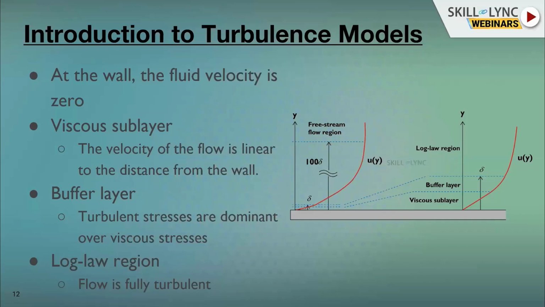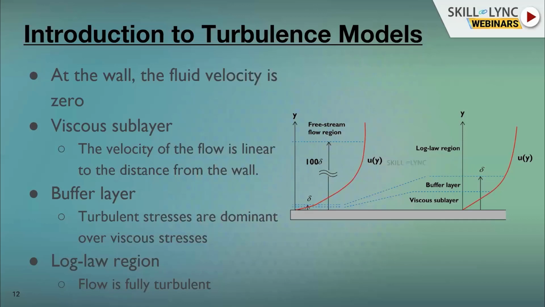And so when solving for turbulence, our challenge is to what extent one needs to capture. So based on the problem, one has to take a call. Okay, do I need to exactly capture till the log law region, or full physics, all the boundary layer regions of turbulent flow?